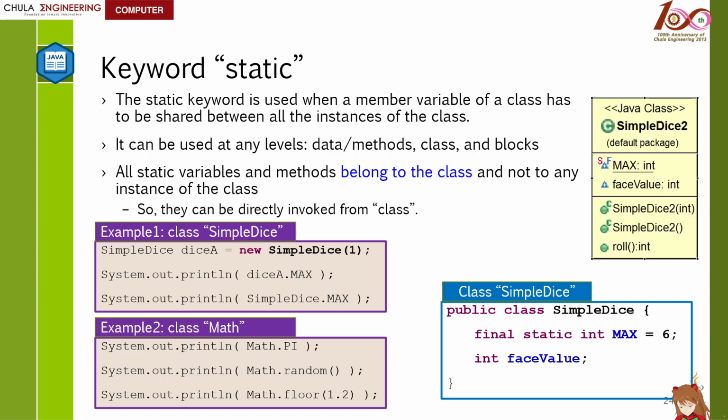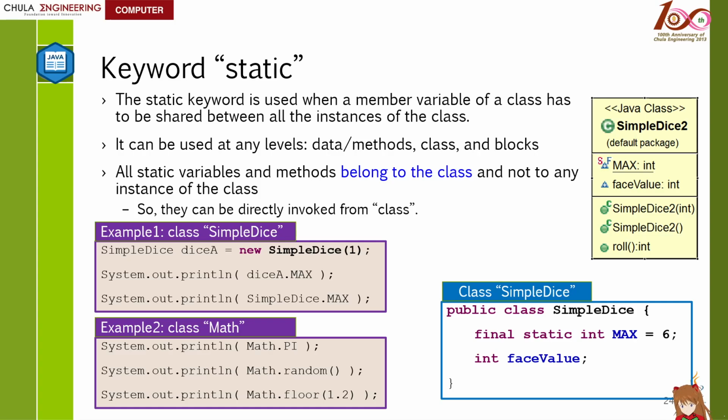And also, with keyword static, we know that anything that is static is shared. But it's not limited to data or to the fields within the class. Methods can be static, and a class can be static too.